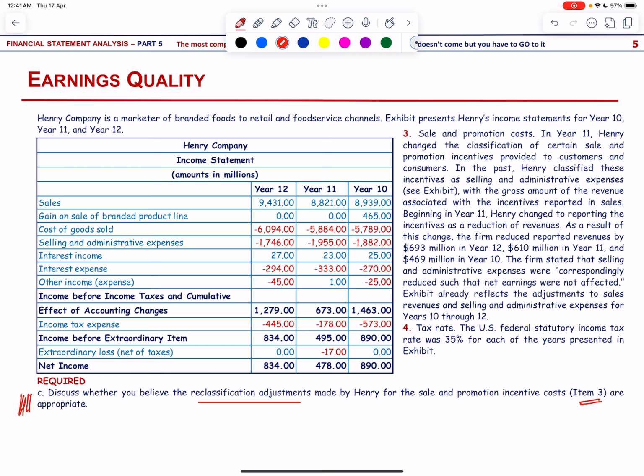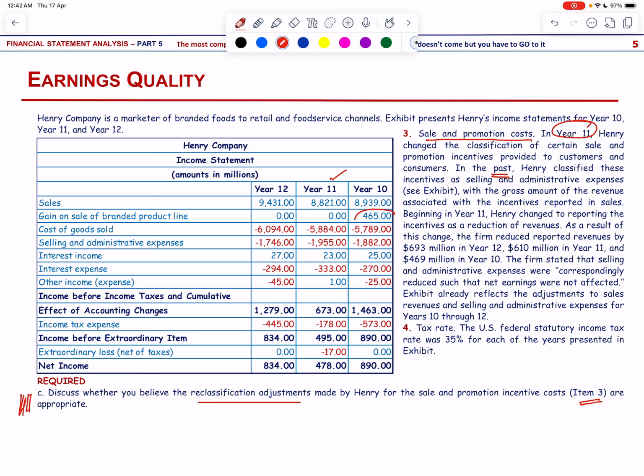This is related to sale and promotion cost. In the year 11, Henry changed the classification of certain sale and promotion incentives provided to customers and consumers. In the past, in the year number 10, Henry classified these incentives as selling and administrative expenses.